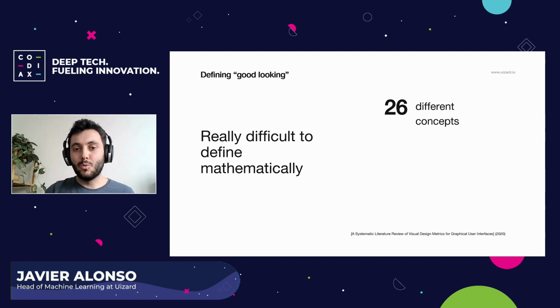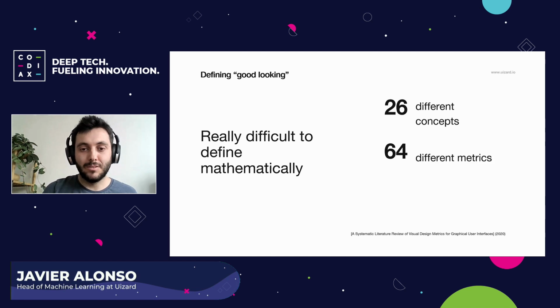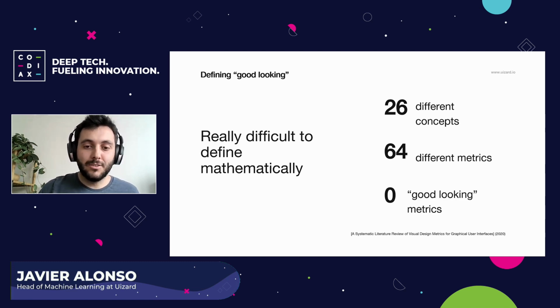They found 26 different concepts, such as alignment, balance, color complexity, color matching, that influence how good looking something is. And even within these concepts, they have 64 different metrics. So there is no agreement on how to even implement these different concepts. And of course, zero good-looking metrics, no single metric to optimize for.